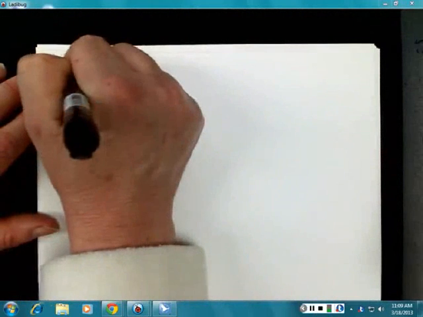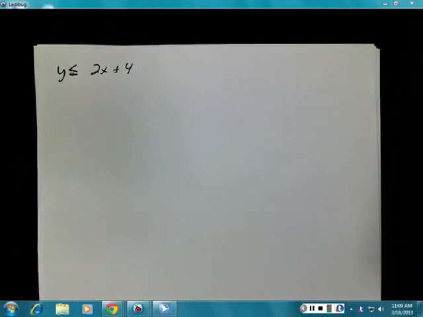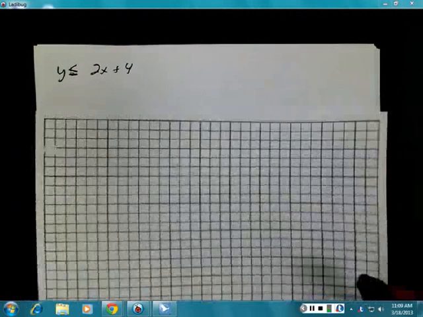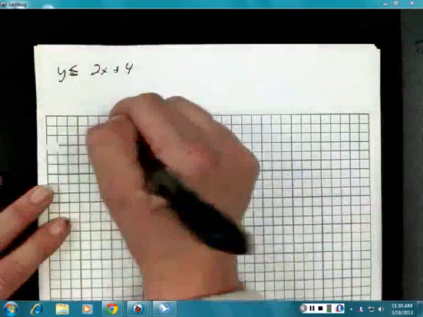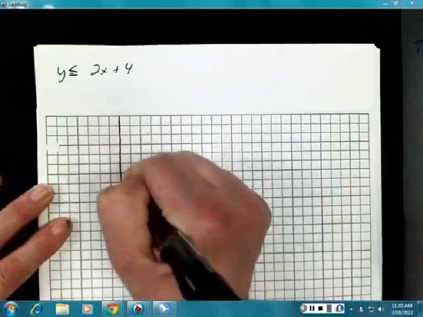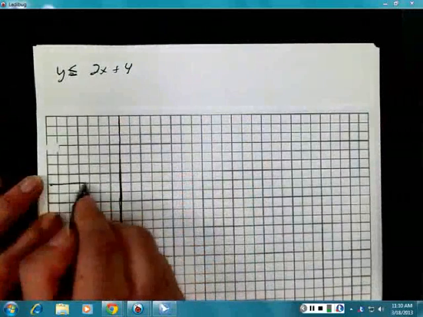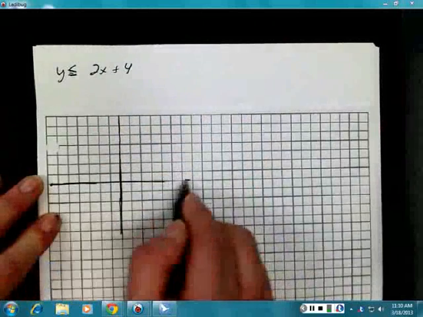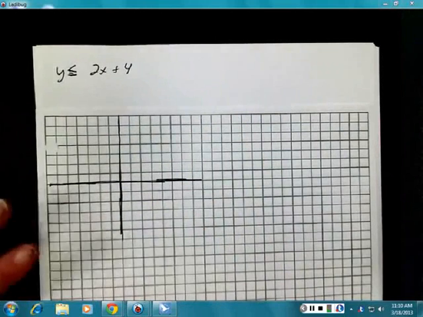If this were my equation, y is less than or equal to 2x plus 4. So what I would end up doing with this is I would end up, of course, graphing my line. And if I graph it, what would I have to do?